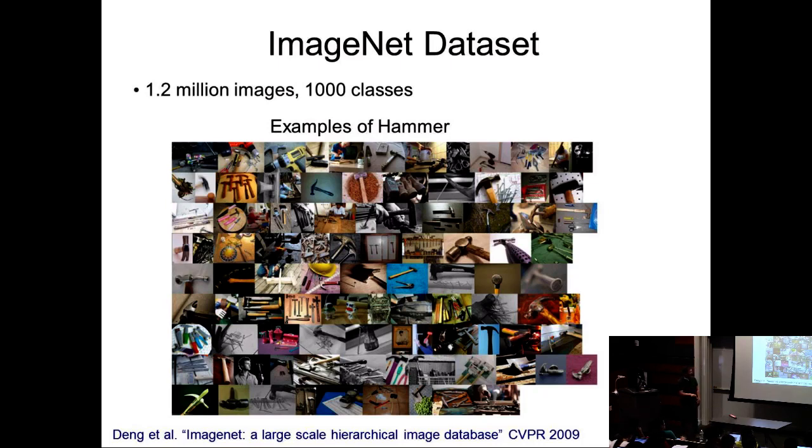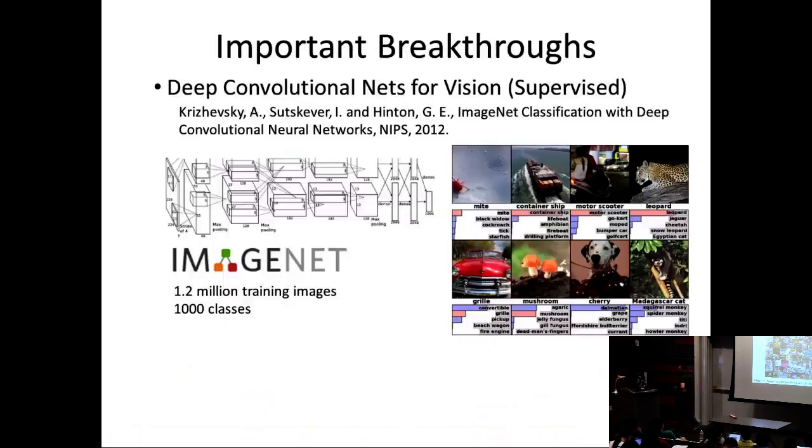It's pretty interesting, it looks like a dagger. But all of these different objects are hammers. You can see it's very, very diverse. Recognizing hammers is pretty challenging by just seeing that. You have to understand something about how hammers look, different views, different orientations, different backgrounds, and so forth. So it's quite a challenging data set.